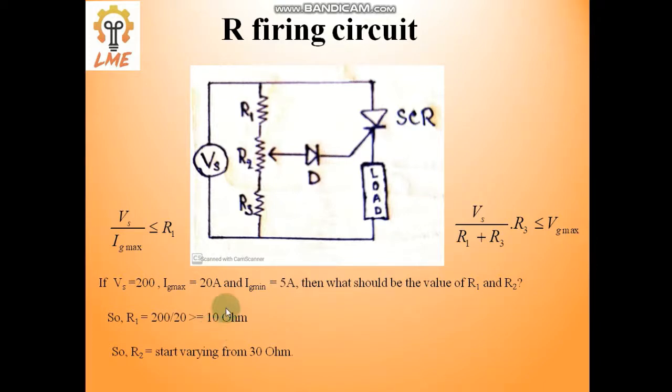But if R1 is more than 10 ohm, suppose 20 ohm, there is no issue, because the current will be 10 ampere. In this way we have to select R1 equal to 10 ohm or more than 10 ohm.